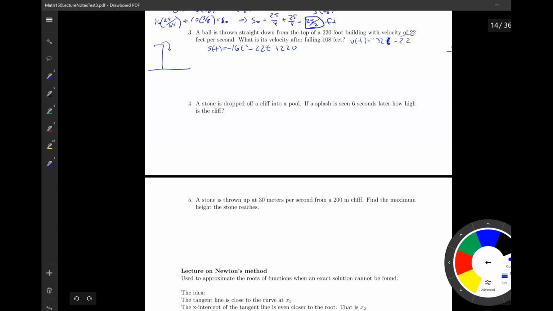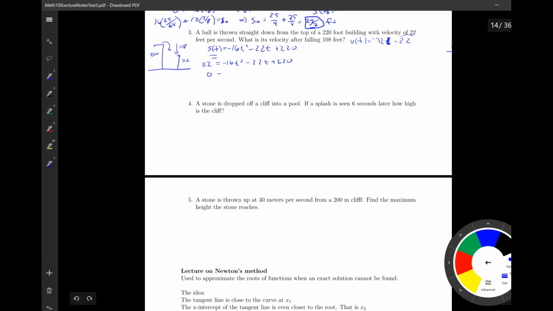All right, so now what is the velocity after falling 108 feet? So here, this is all of 220. So after falling 108 feet, it is 112 feet off the ground, and that's how the position function measures, how many feet off the ground it is. So I want to find out when the position function is equal to 112.